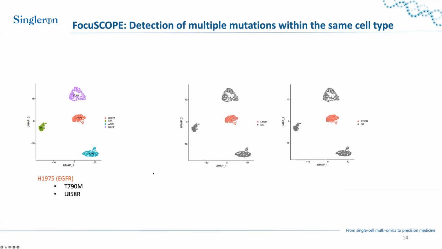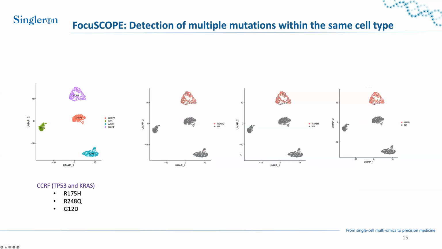This is the same for H1975, which has 2 different mutations in the EGFR gene. And again, as you can see here, the 2 mutations are very specific for this cell line and cannot be detected in the other cell lines.